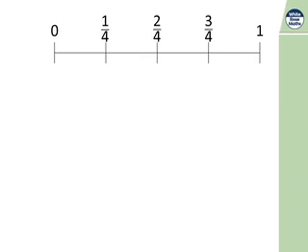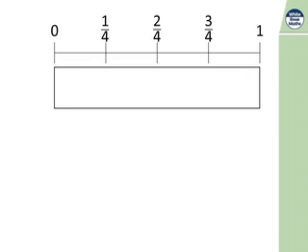Here we have a number line from 0 to 1, with each interval worth a quarter. I'm also going to get a strip of paper and divide it into 8 equal parts. The number line and paper must be the same length as they have the same whole, 1. Do you notice anything so far?